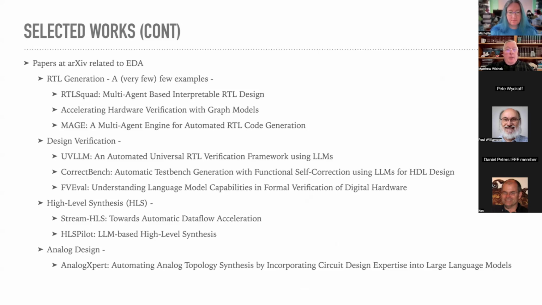And then formal verification is another important piece of the verification process, and there's work again here showing that there are efforts to apply large language models to formal verification.